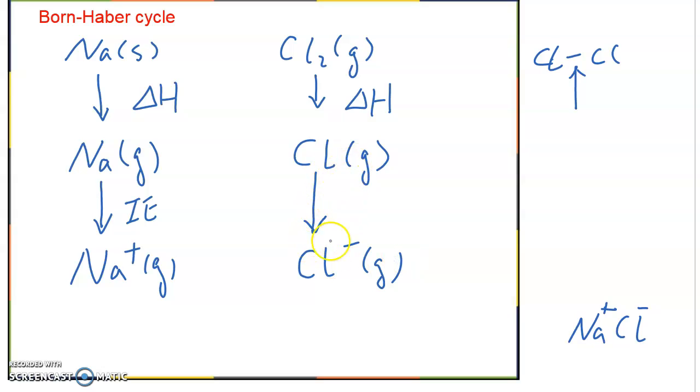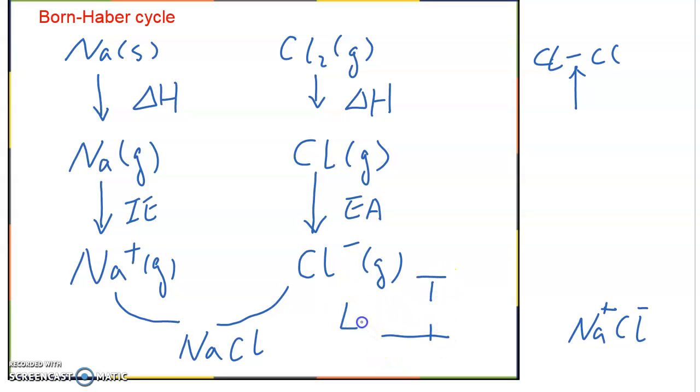What is this step? It's called electron affinity. Now we can combine these two and form NaCl. That is this one, and this one is called the lattice energy.